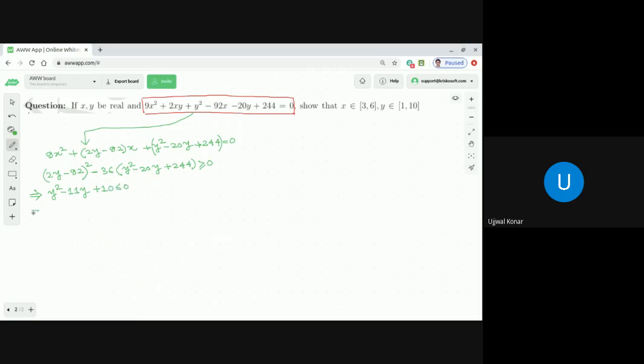And from here, we can do a middle term factorization: (y minus 1) into (y minus 10) is less than equal to 0.